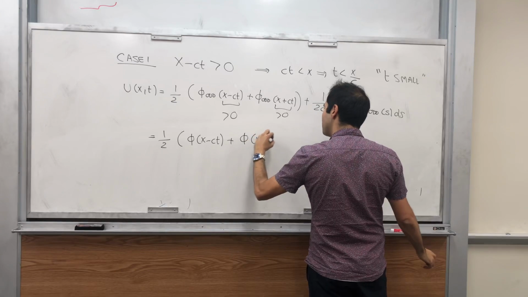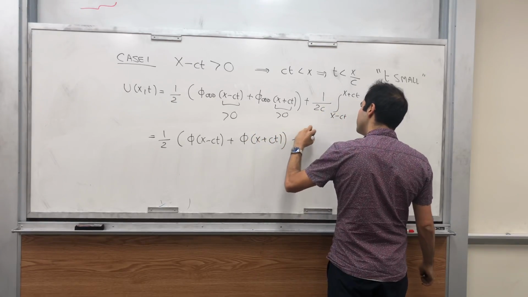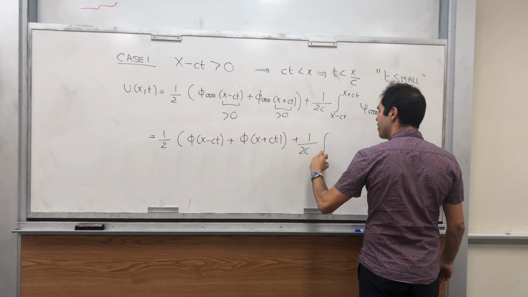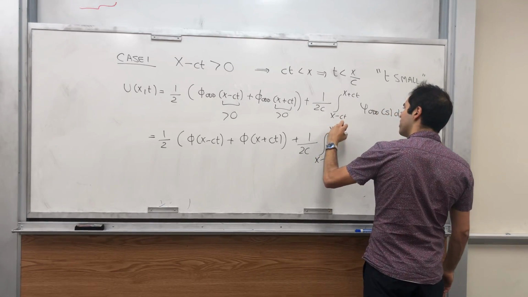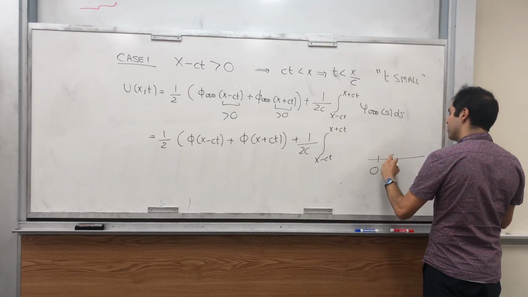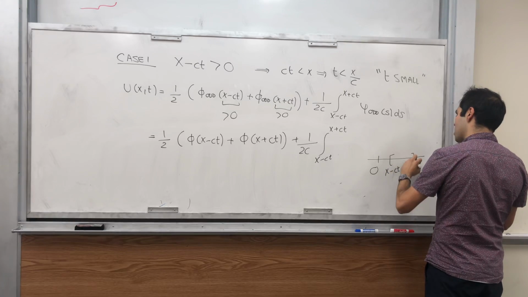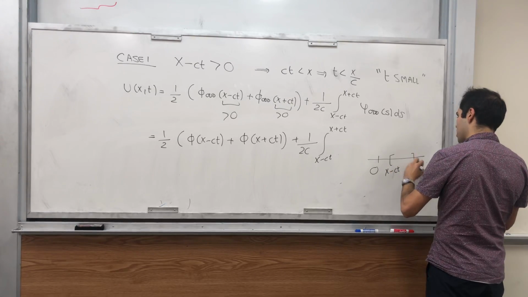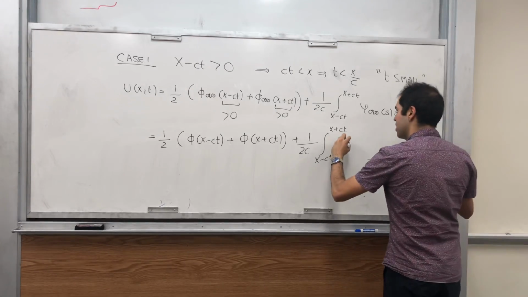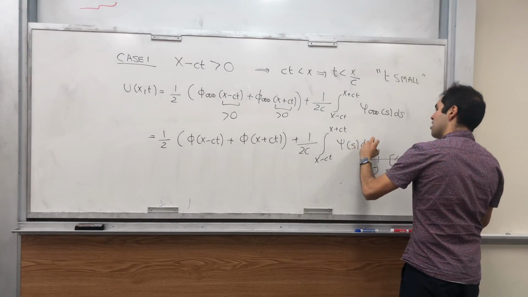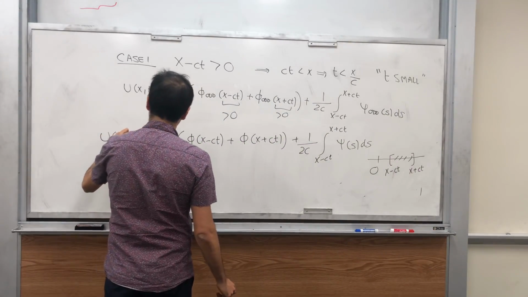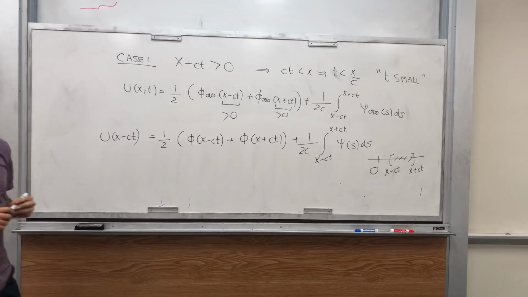So it's phi of x plus ct plus 1/2c integral of a positive thing to a positive thing. And you see, on this positive interval, psi odd is just psi.